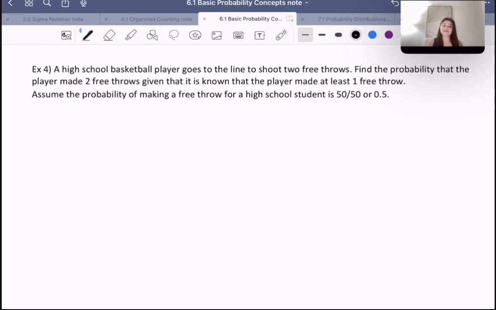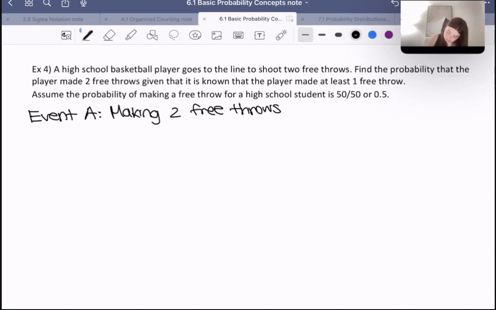So event A is making 2 free throws. Let's say event B is that we've already made one free throw.